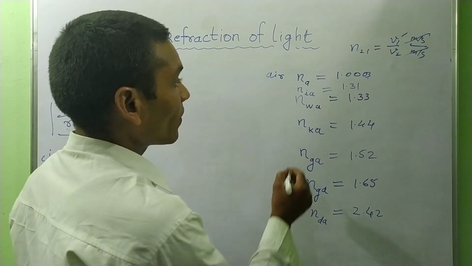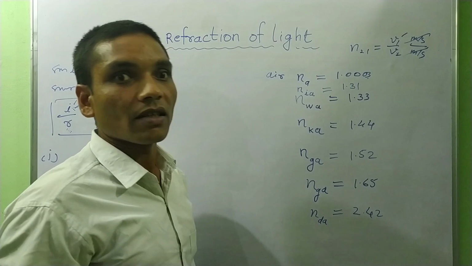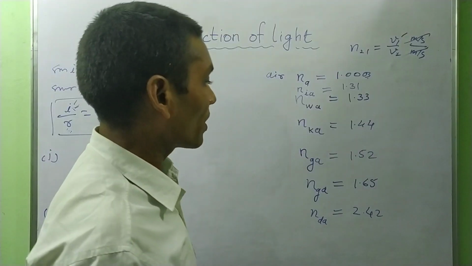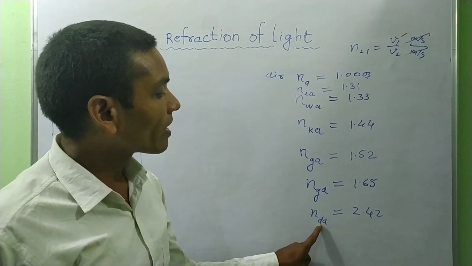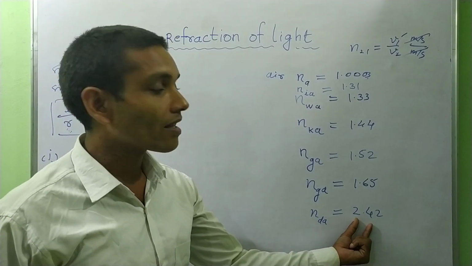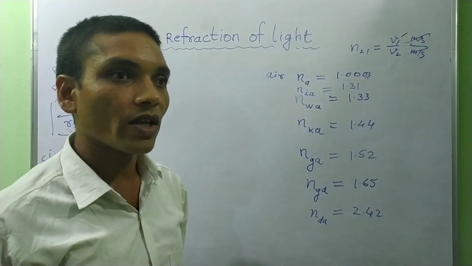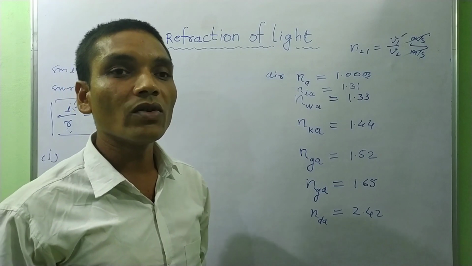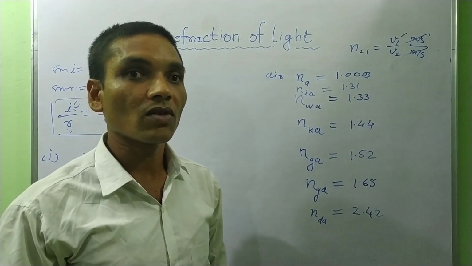These are the refractive indices for different mediums. Here you can see that the refractive index of diamond with respect to air is greater than that of the other mediums.